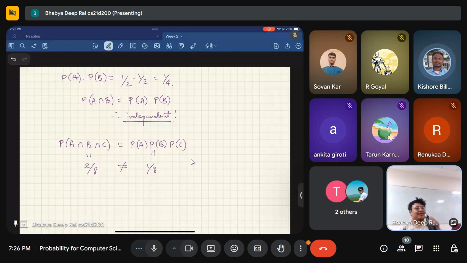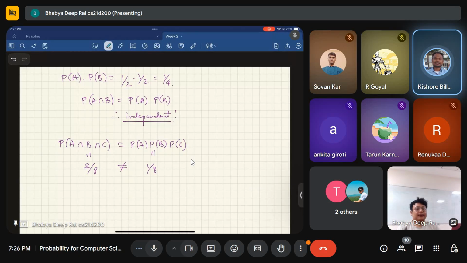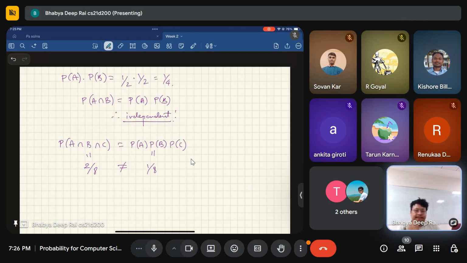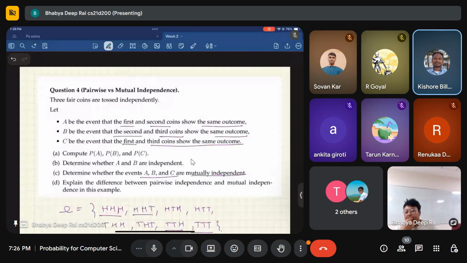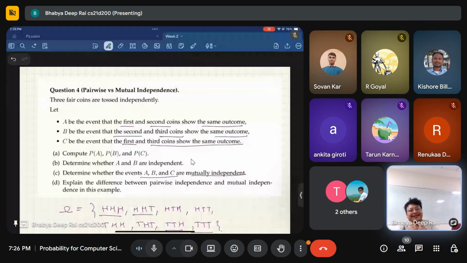I think the same answer as we discussed: A and B are independent. The outcome of any one of A, B or C does not depend on the other two. If we take the outcome of C, it doesn't depend upon the outcome of B or A. But this time they are dependent, because the probabilities are coming different.